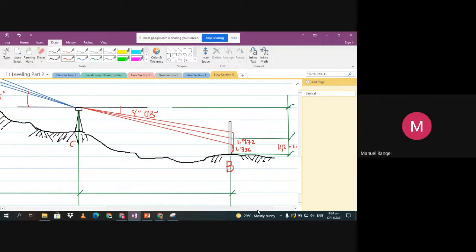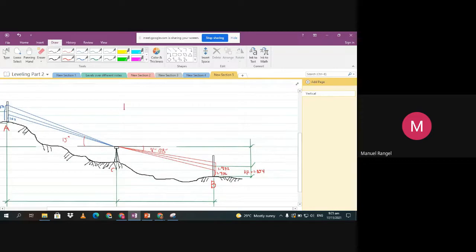for the horizontal distance. For inclined sides, we have Ks cosine squared theta plus the C or constant times cosine theta, and the vertical or D distance is equal to 1/2 Ks sine of 2 theta plus C sine theta.